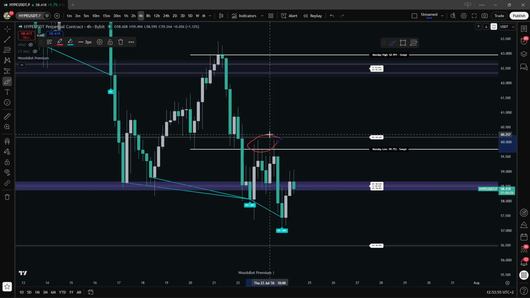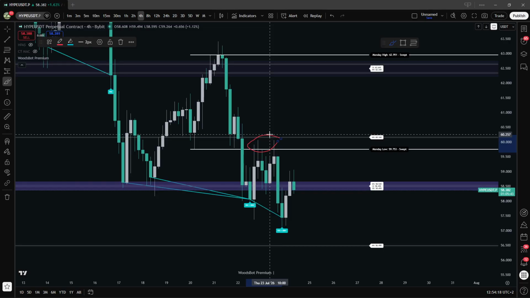So to recap, Monday range high and Monday range low act as resistance and support. The best possible thing for entries is to wait for a sweep of the Monday range high and the Monday range low. Use that sweep for a potential trigger, but only if there is bearish divergence on the lower time frame.